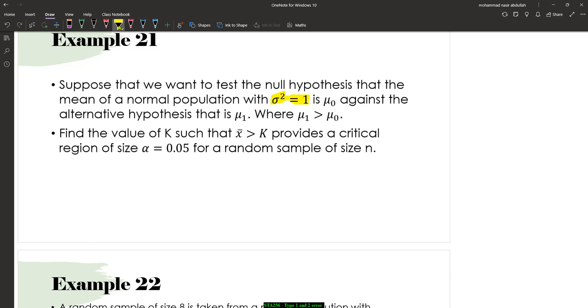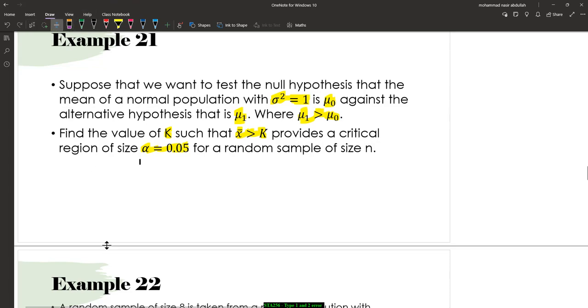So when sigma is equal to 1 it is basically approaching the standard normal distribution, against the alternative hypothesis, which is mu1, where mu1 is greater than mu naught lah. So find the value of k such that x bar greater than k provides a critical region of size alpha equal to 0.05.